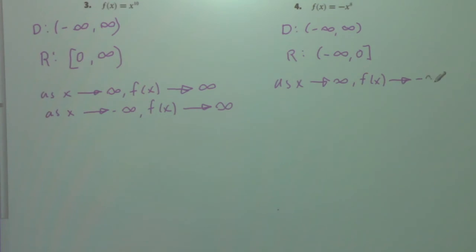Okay. As x approaches negative infinity, f of x approaches negative infinity. So this is a good example of what?